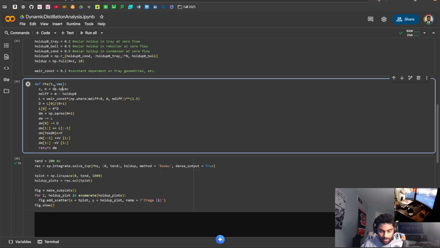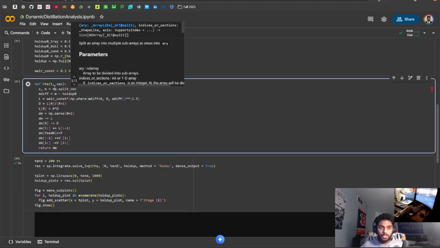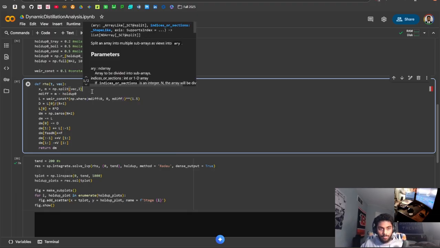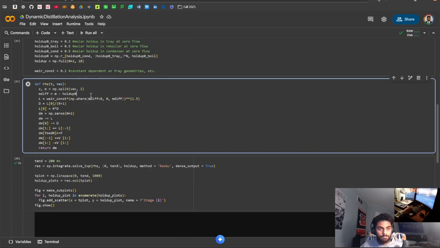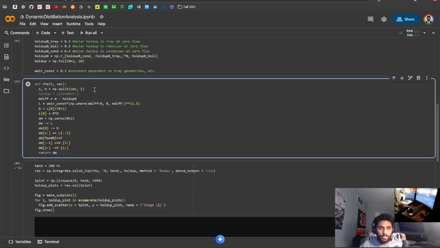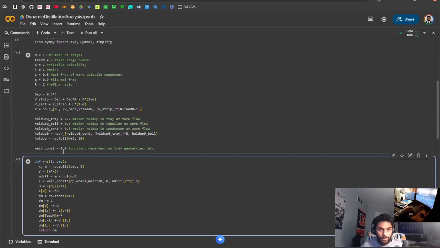So using our np.split function, we're going to split this into two segments, one for our mole fraction of the more volatile component and one for our overall moles. And then we're going to calculate y using the relative volatility alpha, which is defined up here.